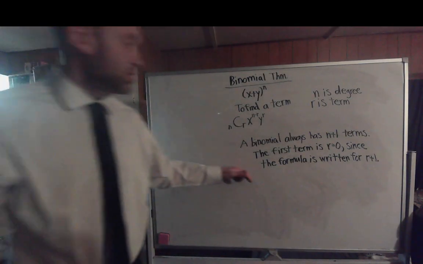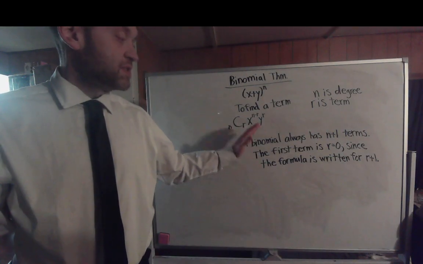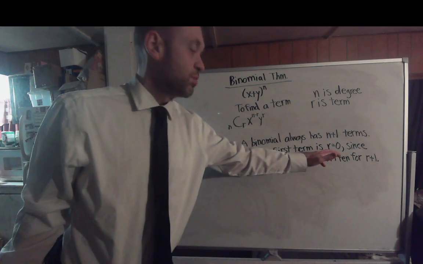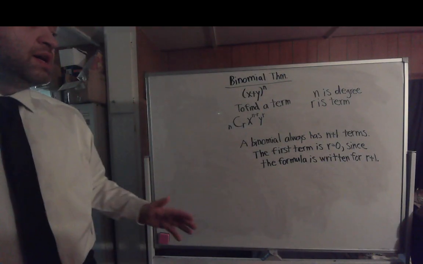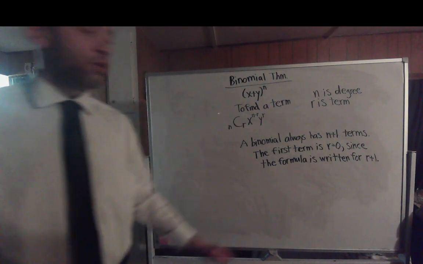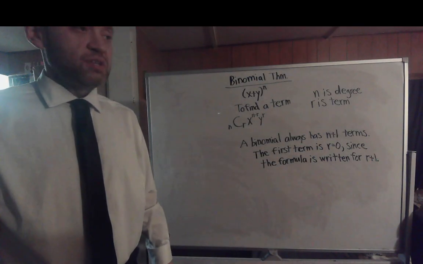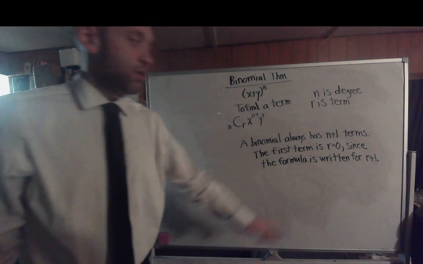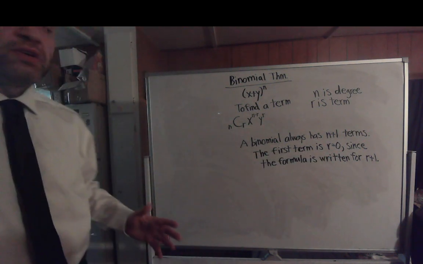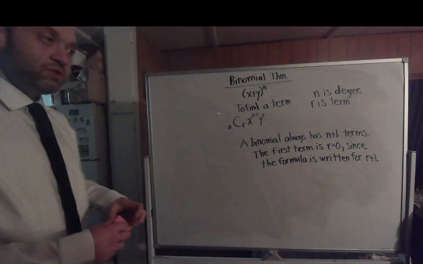Now, the first term of a binomial with this formula is actually always where r equals 0, because the formulas are written for r plus 1. So if you want to find the 6th term, you subtract 1 from that, and you're going to make your r equal to 5. So let's do some examples.